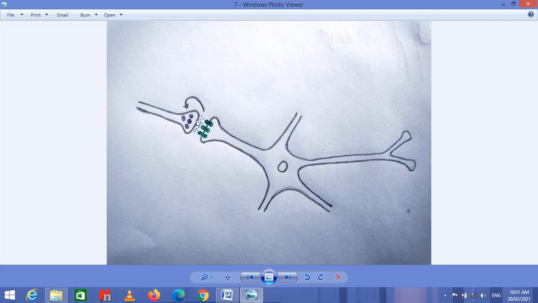So this neuronal ending will secrete what? It will secrete glutamate towards the synapse. This synapse also has the postsynaptic neuronal ending. This is the postsynaptic neuronal ending. So this postsynaptic neuronal ending will contain a special type of glutamate receptor, and those receptors are called what?